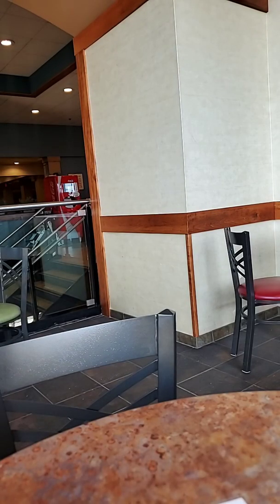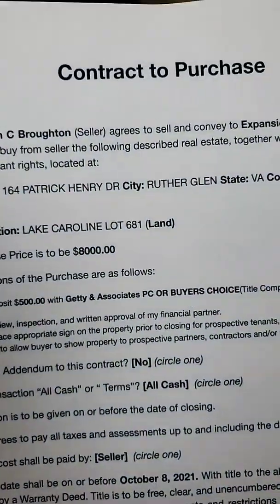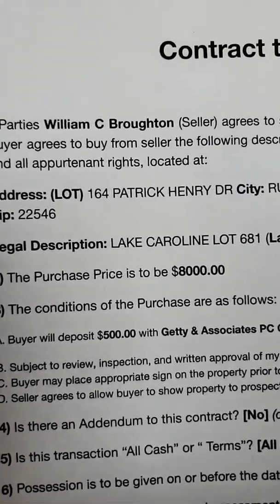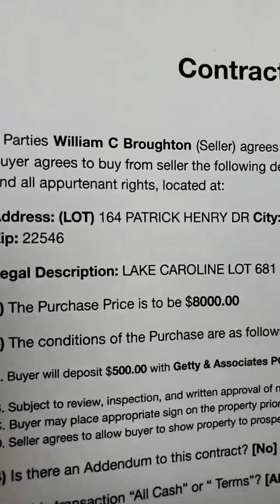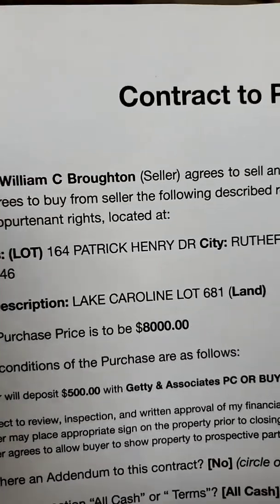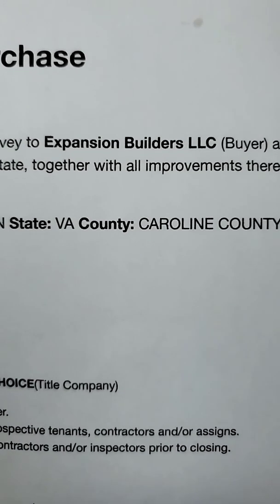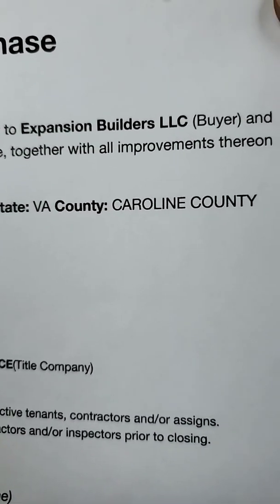So I was saying, I'm going to do this again, guys, from a purchase contract. This is just a one-page contract right here. This contract right here, Crystal, is from me and the parties, this gentleman right here, Mr. William Broughton, the seller, agrees to sell and convey to me, the buyer, Nevin, Expansion Builders.